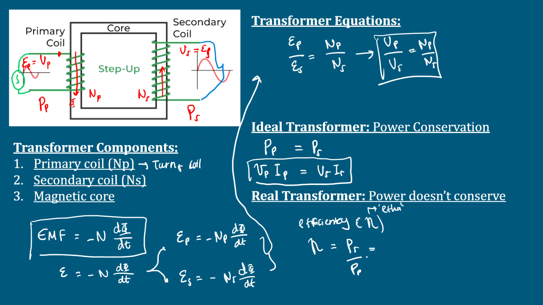We hope that the power dissipated on the secondary coil will be the same as the input one. And as we know, Ps is equal to VsIs, and Pp is equal to VpIp.